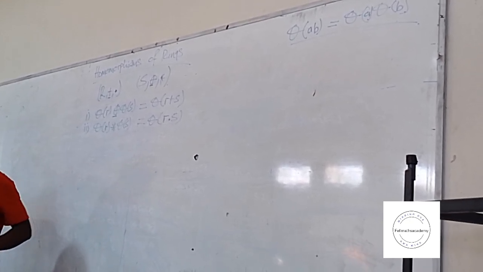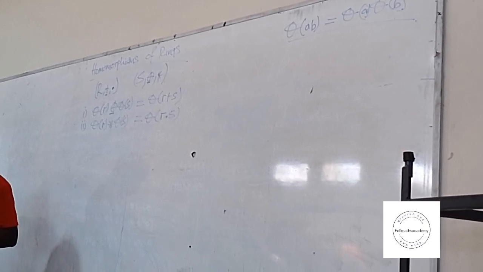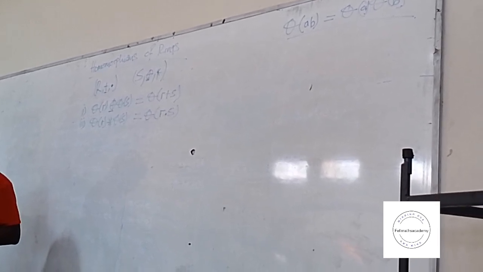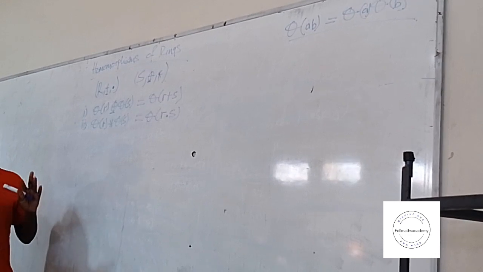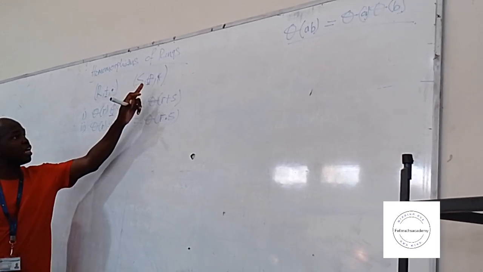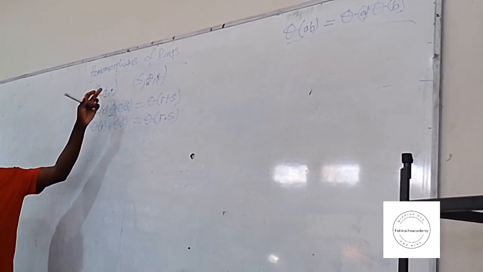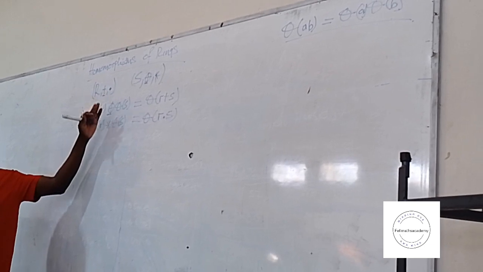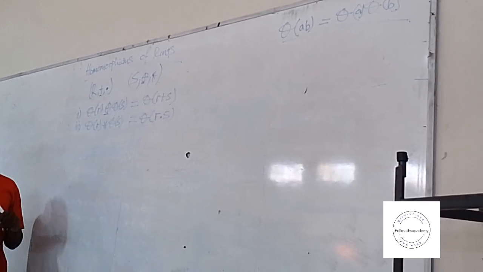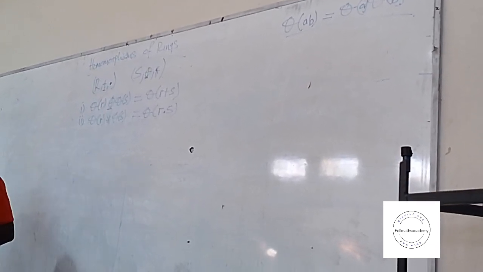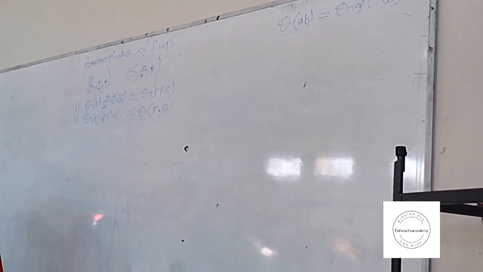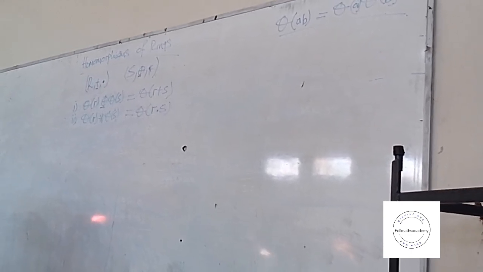I think you need to edit. Remember, it is not r plus s, but it should follow this pattern. It is star with dot multiplication. Right, so that is a homomorphism of rings.